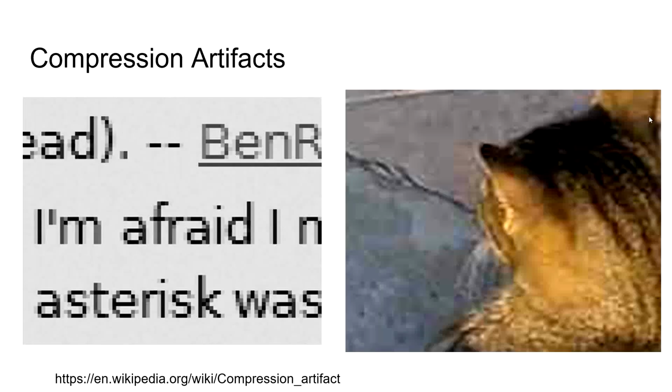I also want to talk a little bit more about lossy compression. So this may be hard to see depending on what resolution you're watching at, but on the left here, we're seeing an image that we've zoomed way in on, and then an image when we saved it with a lossy method.